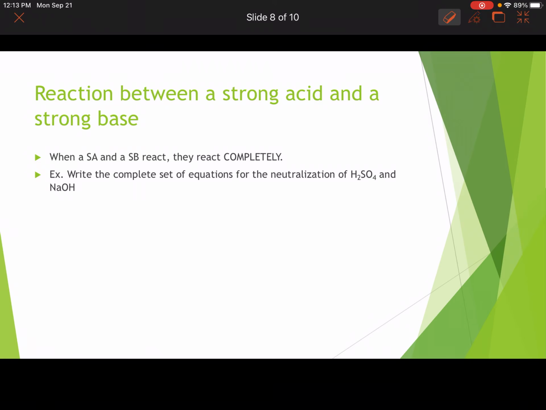I'm just gonna give myself some space here. Okay, so I'm gonna write the molecular equation first. So I have H2SO4 plus NaOH. Now it's going to be a double displacement reaction.